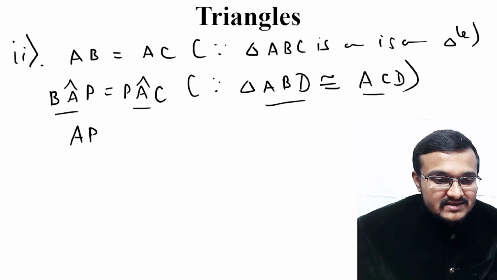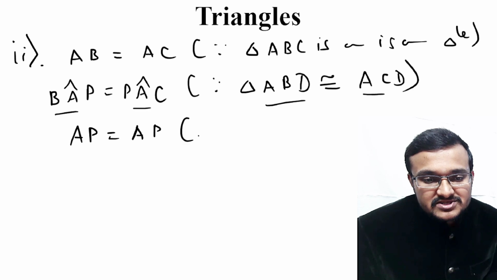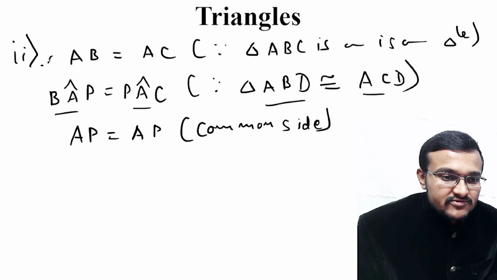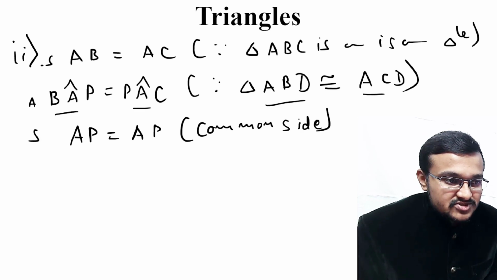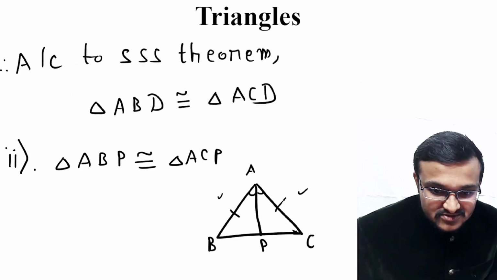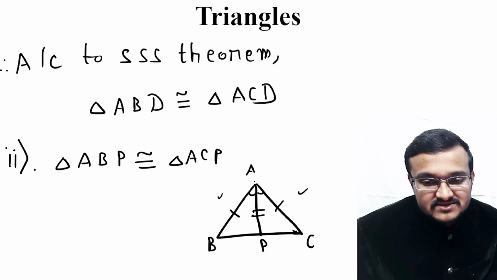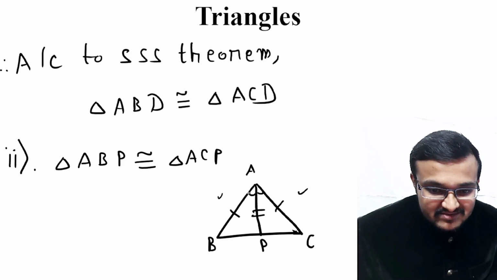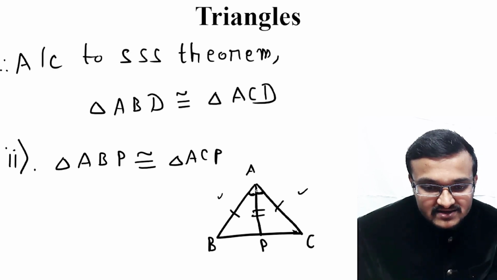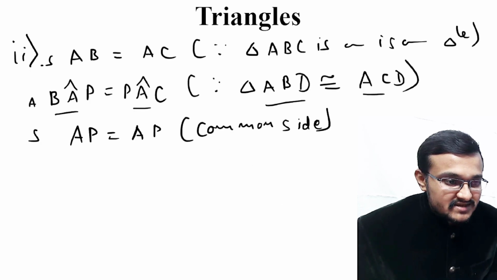Now AP is equal to AP because AP acts as the common side for both triangles. So now you get the SAS postulate: AP is the common side, and in between these two sides you have an angle which is equal to each other.